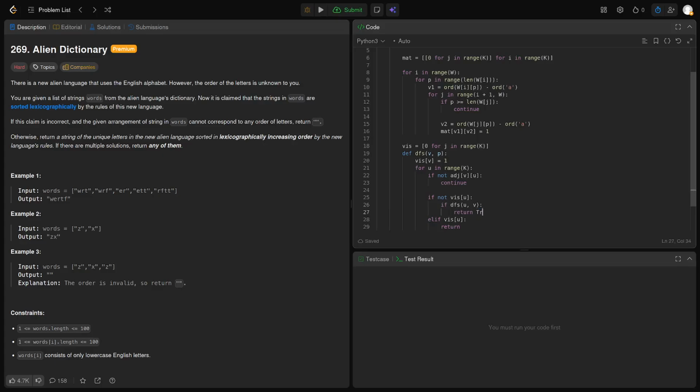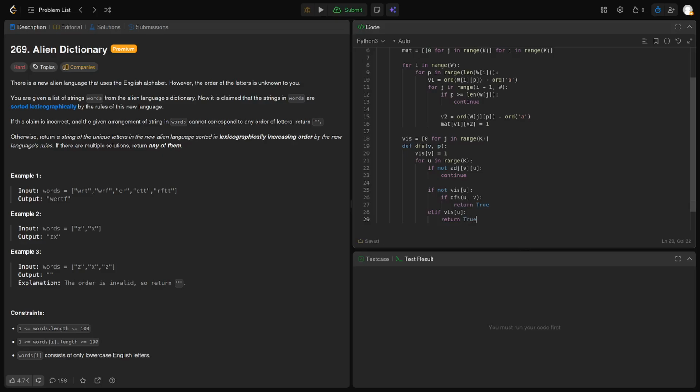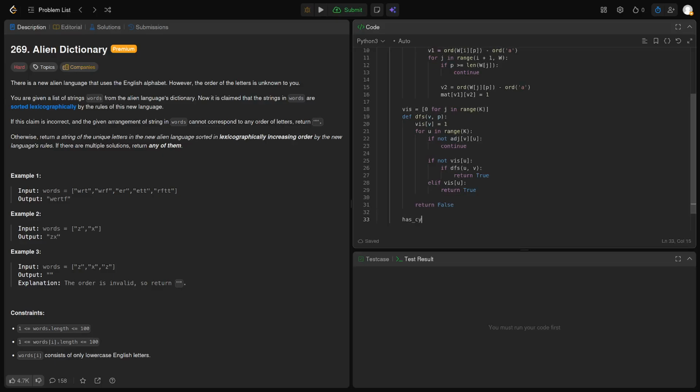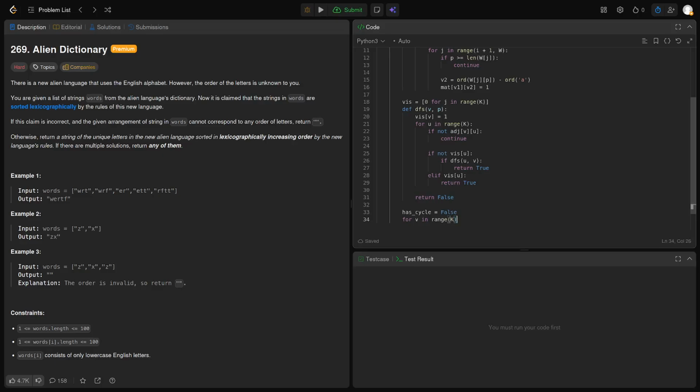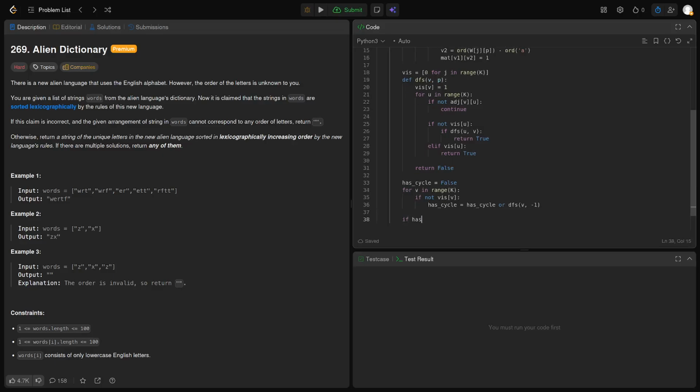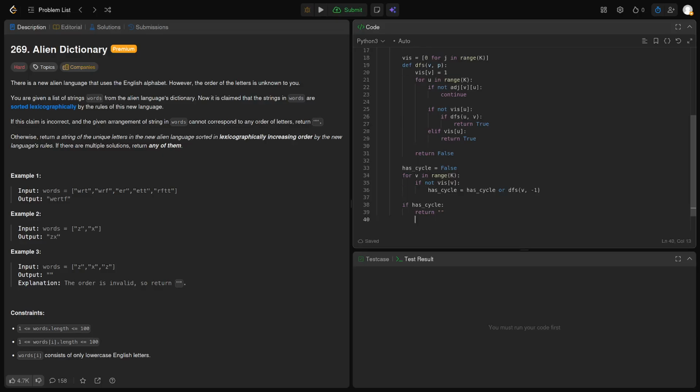So this means that we return true or false if there is a cycle. Has cycle equals DFS for v in range K, if not visited v and has cycle or DFS v minus 1. Right, if has cycle, return this.